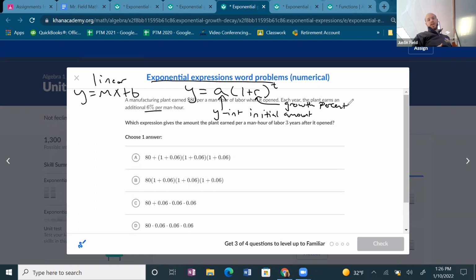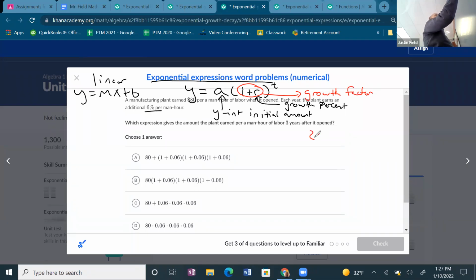So if there's 2%, you would write 0.02. And then I should also tell you that the whole inside, when you add the 1 to the percent, that would be the growth factor.